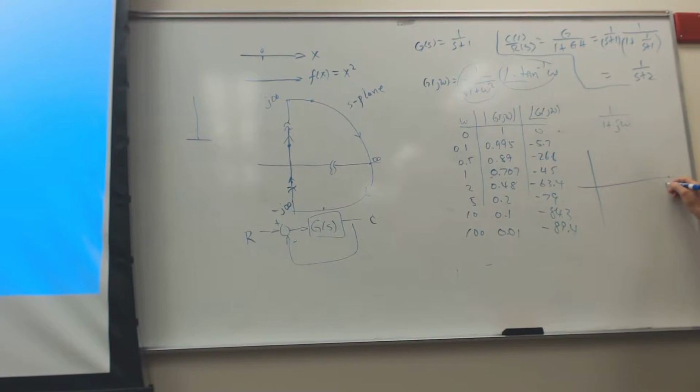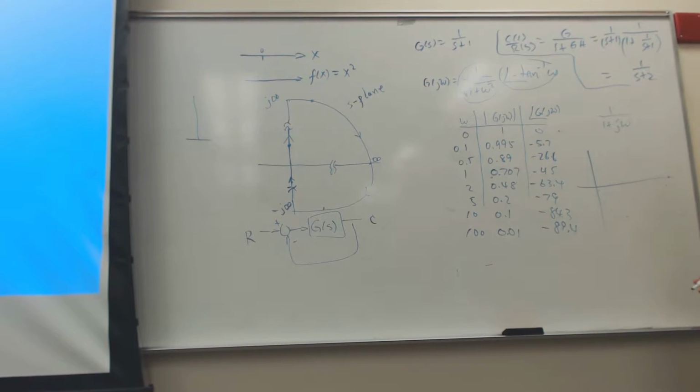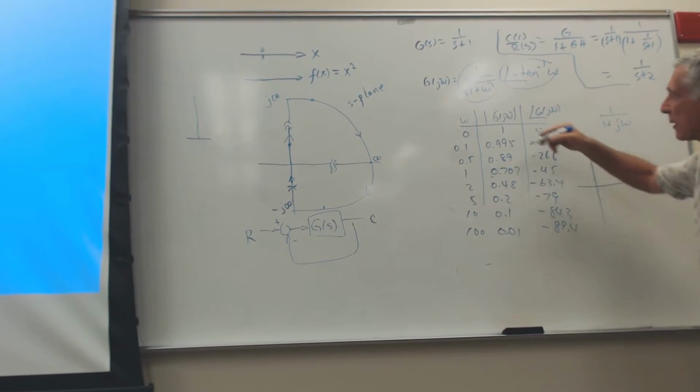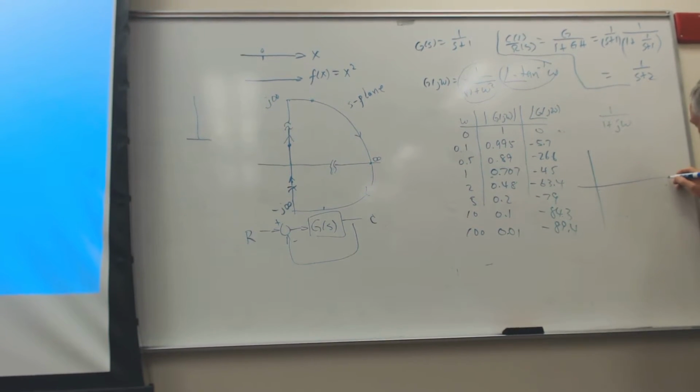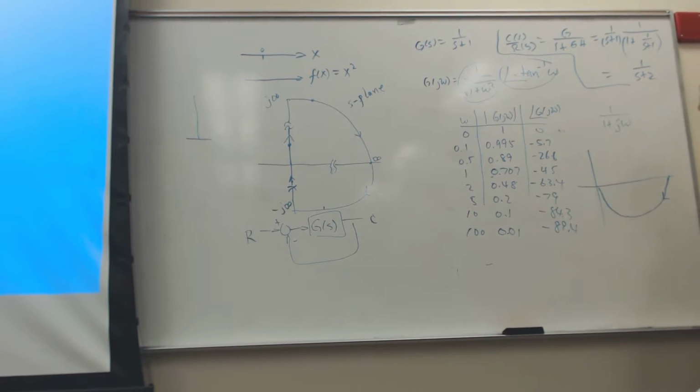So it's something like this, and then we'll get more points looking like this, right? So all you're doing is mapping polar coordinates, right? And so as omega increases from 0 to 100, this is looking like this, right? It goes in that direction, okay, as omega increases from 0.